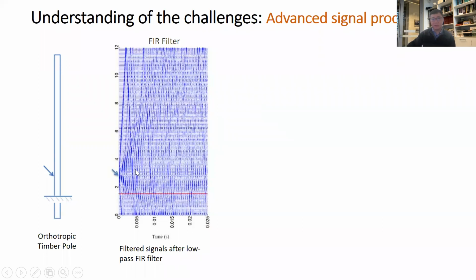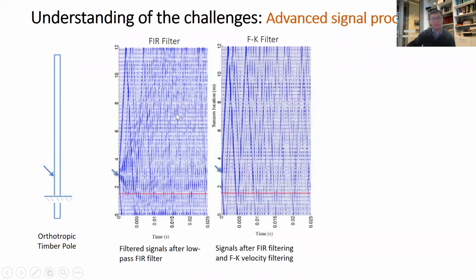Then we can apply a filter to remove some unwanted features. For example, we use a FIR filter, a finite impulse response filter, and it doesn't help too much. That's all right. Then we can think about a better filter, for example the FK velocity filter, and the result gets better, because we can see more dominant wave propagation, which we can use as a signature to detect changes in the timber pole. Remember, we are still talking about a healthy timber pole.